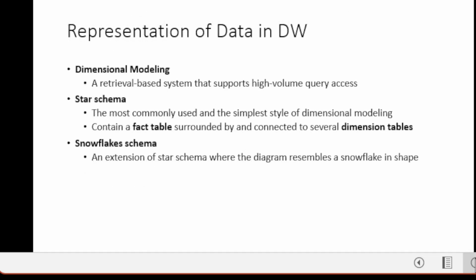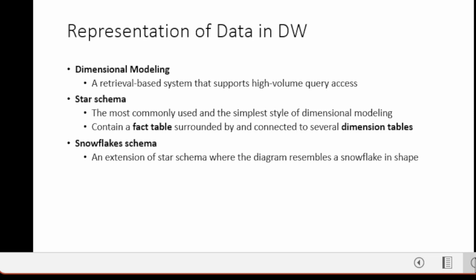And representation of data in data warehouse. How do you represent data in data warehouse? Then we can have several methods. Among them are dimensional modeling, star schema, and snowflake schema. So dimensional modeling is a retrieval-based system.